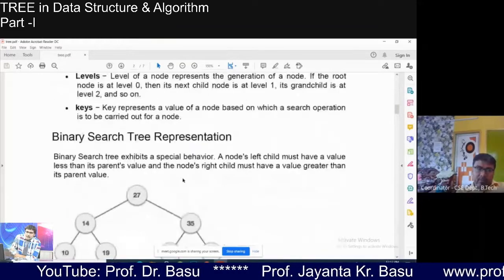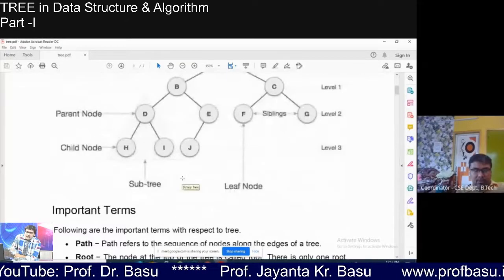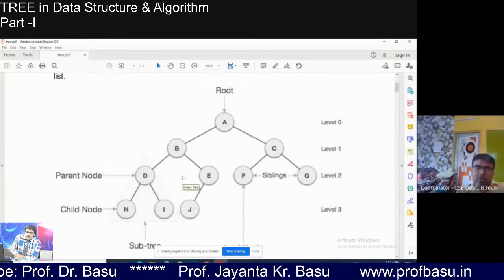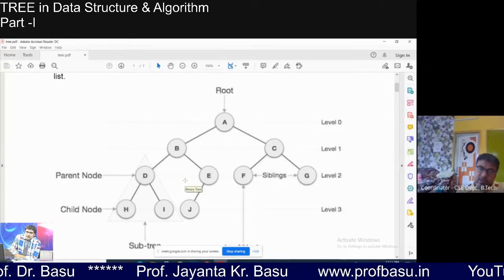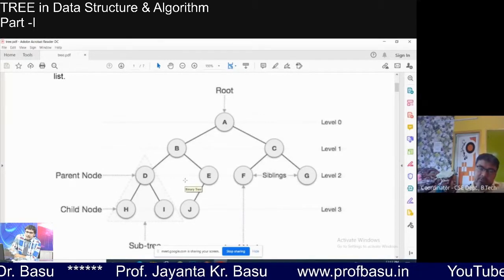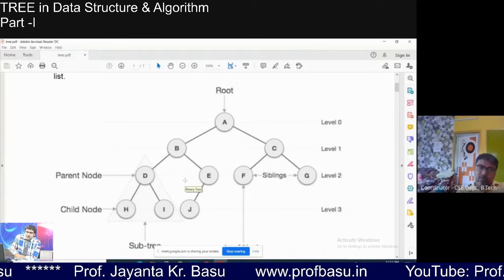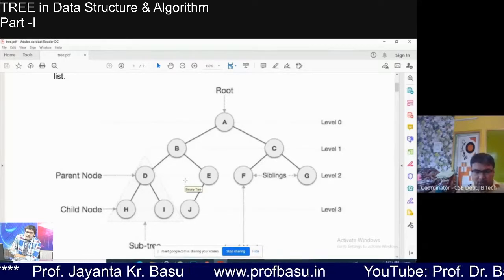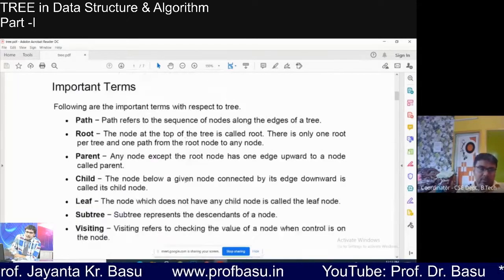Three types of traversal. Visiting and traversal are the same thing. In order, post order, and pre order. These are the three techniques with which you can visit a particular node. This is called a traversal or visiting technique. We will discuss them gradually.